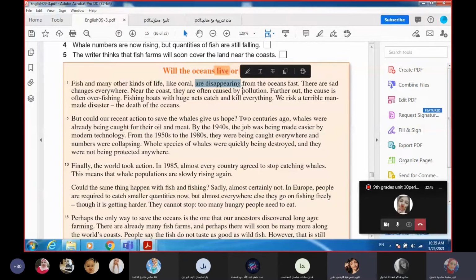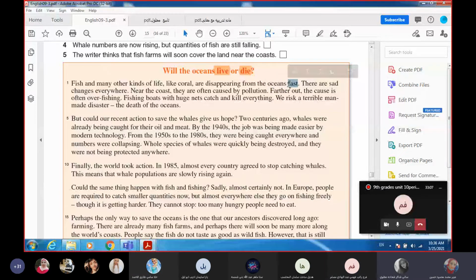The verb is disappear. Present continuous. Yes. From oceans. Oceans. What do you mean by oceans? Oceans. Opposite of fast, ninth graders, I have one more. Slow. Yes. Come on, continue Sally.